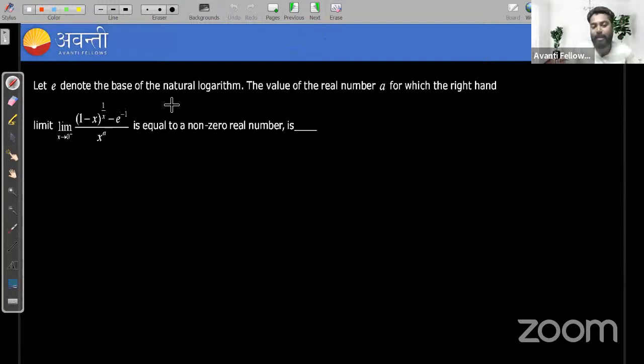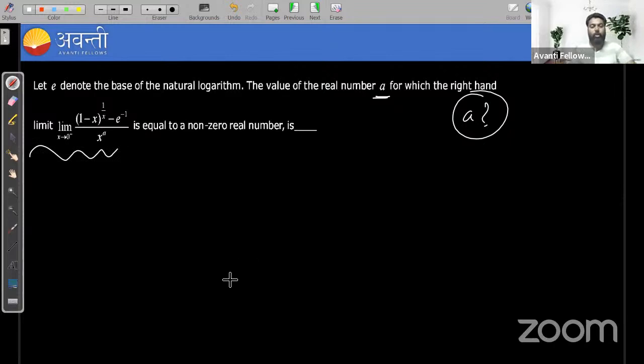Now, let e denote the base of the natural logarithm. We need to find the value of the real number a for which the right hand limit of this function is equal to a non-zero real number.